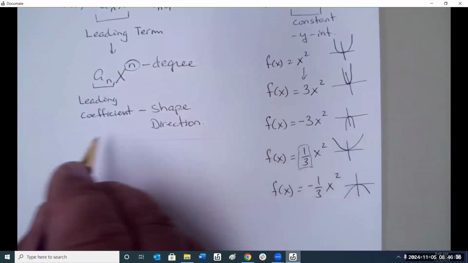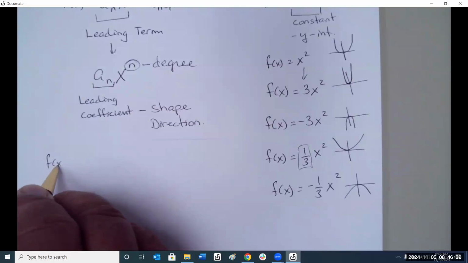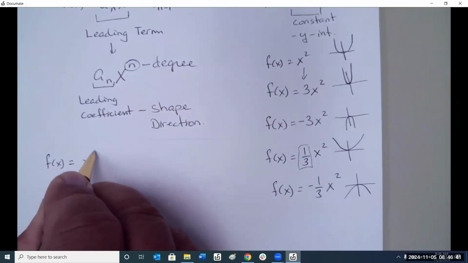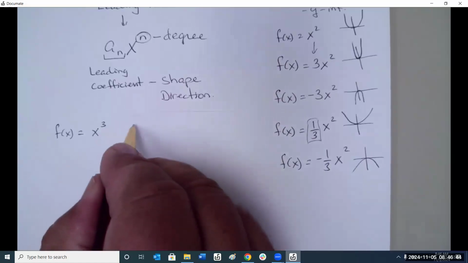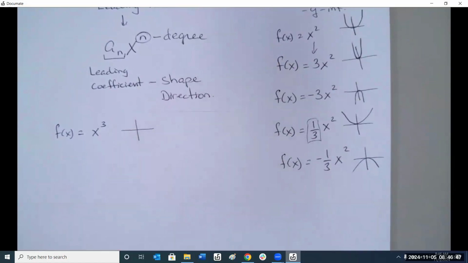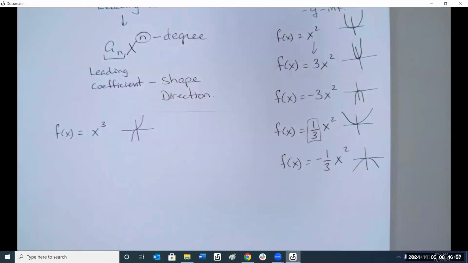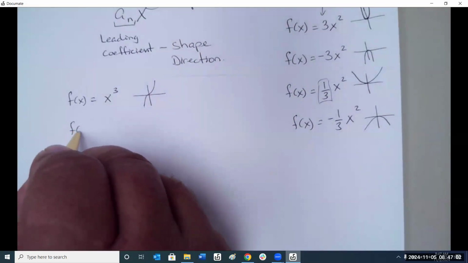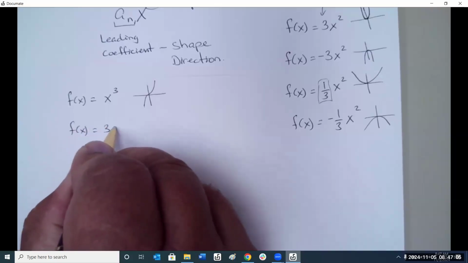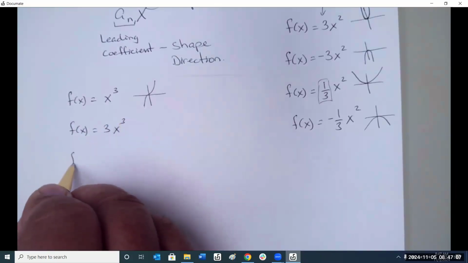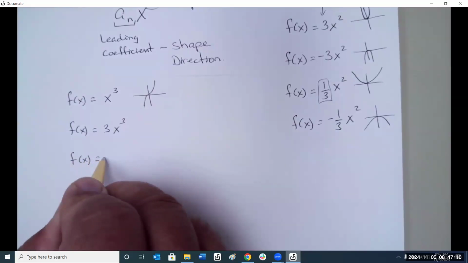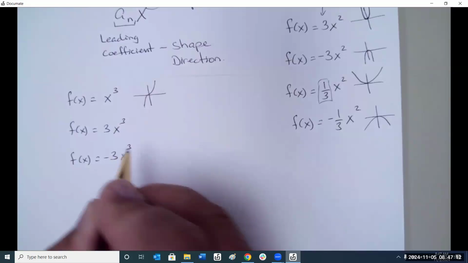This also works for x cubed. What does x cubed look like? It's the long S going up. But let's look at the same numbers.